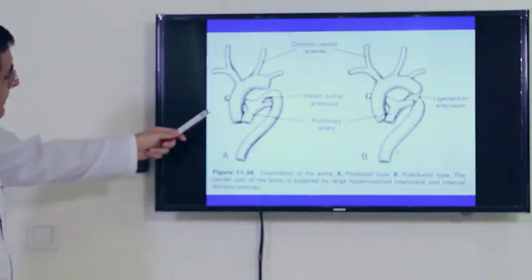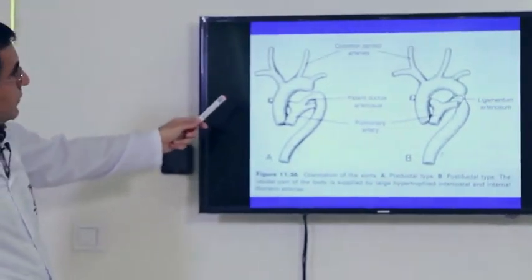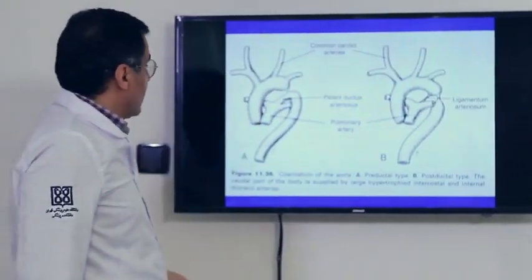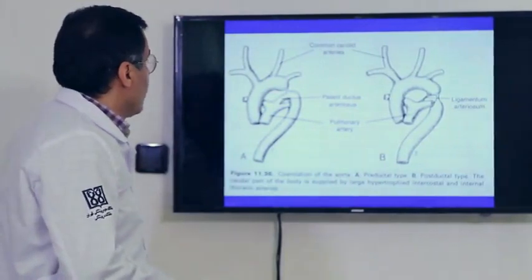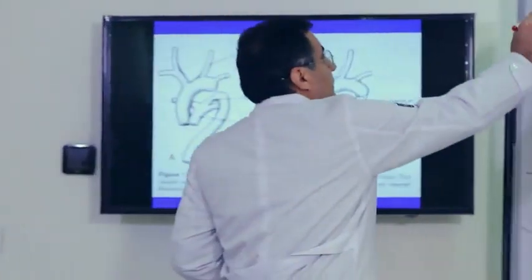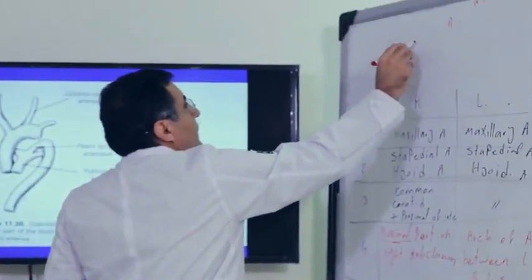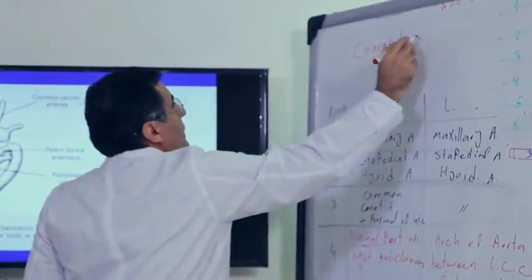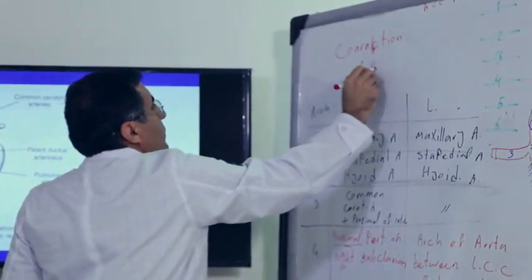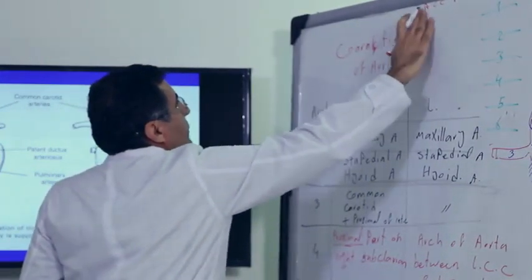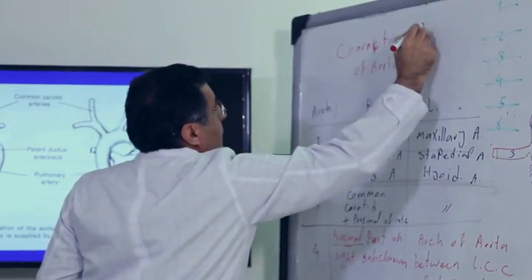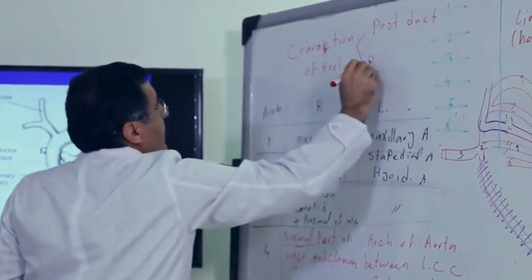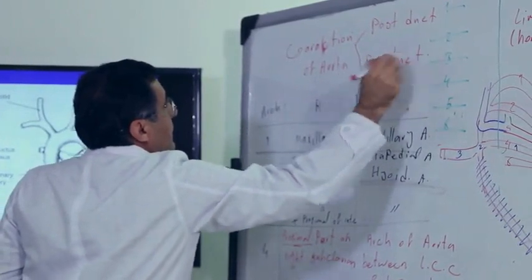This is one of the most common abnormalities in this region. Its name is coarctation of the aorta, and it is divided into two kinds, the postductal and preductal.